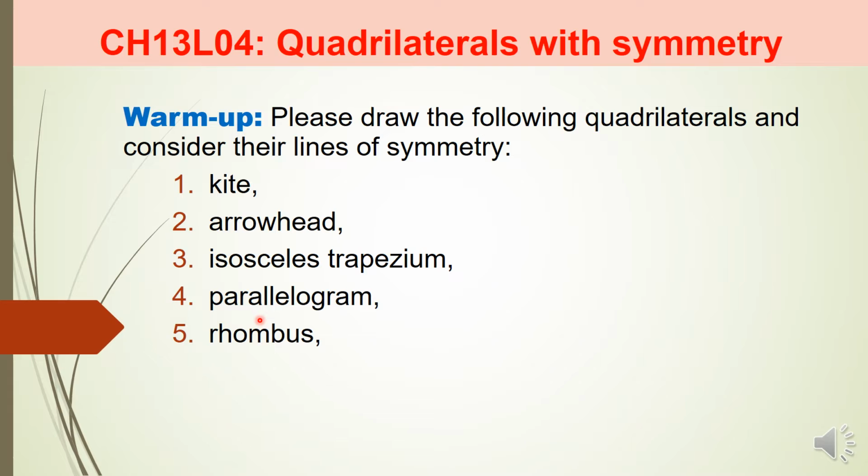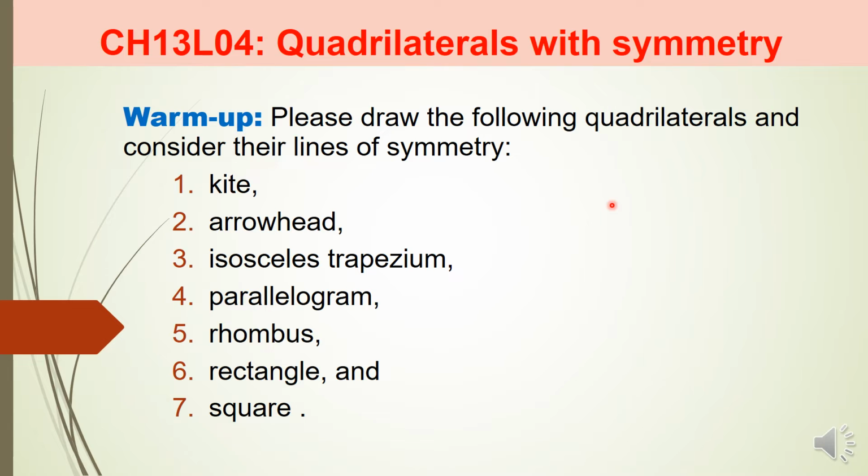The fifth, a rhombus. The sixth, a rectangle. And the seventh is a square. I hope you have learned these quadrilaterals in lower primary school. Just try to do it for a moment.